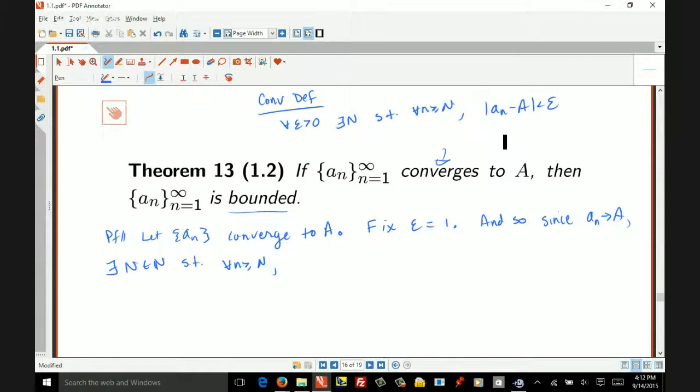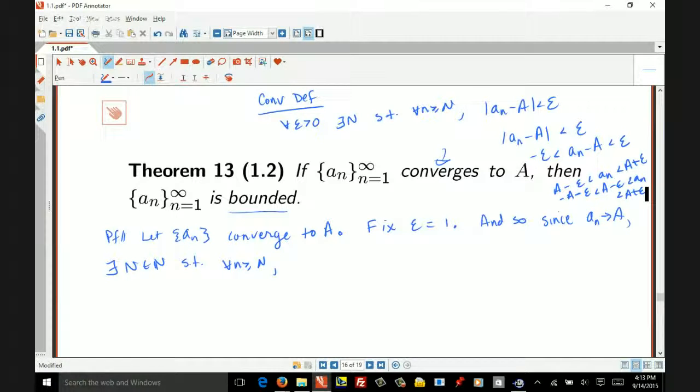So when you play with |a_n - a| less than epsilon, that would be minus epsilon is less than a_n minus a is less than epsilon, add a. Then that tells you that a minus epsilon is less than a_n is less than a plus epsilon.